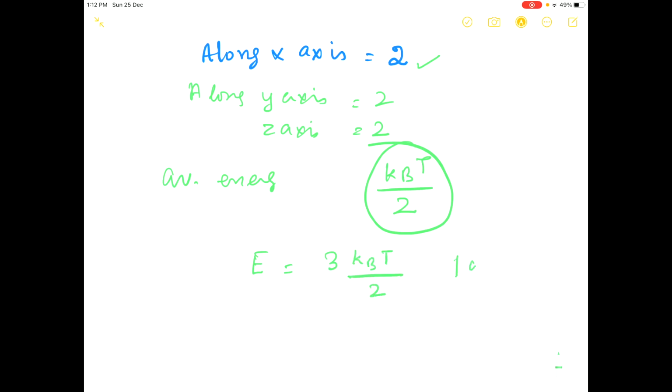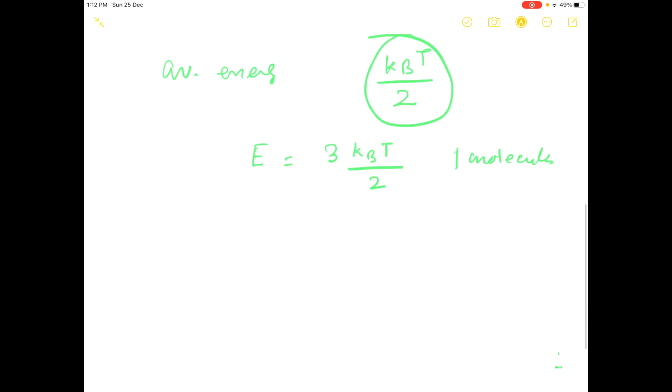But this is for one molecule, and for n molecules it will be E equal to 3nkBT divided by 2. Here kB is the Boltzmann constant and its value is 1.38 × 10^-23 joules per Kelvin.